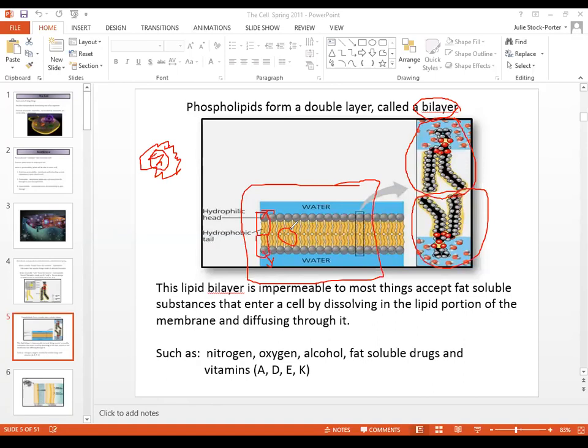Now remember, we talked about water and how if you dehydrate and you don't drink water, you're going to die. The reason that happens is if you look at that cell membrane, it is filled with water on the outside and filled with water on the inside.